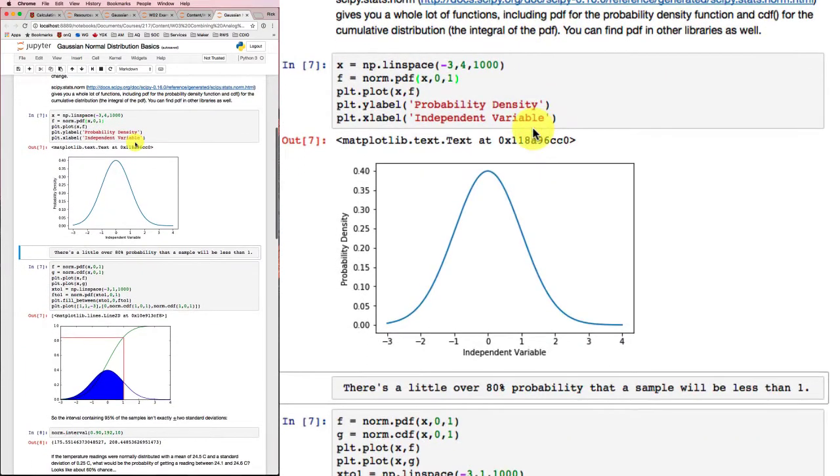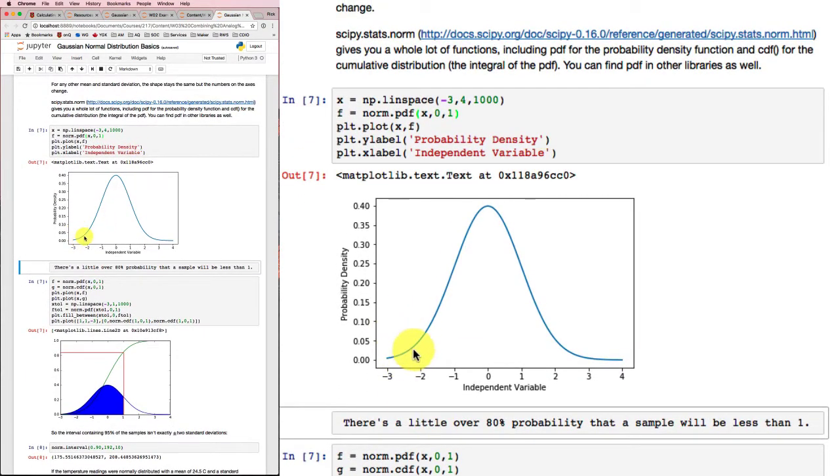If I took the integral between -2 and -1 of this PDF function, then I'd have the area under the curve in this region, and that would be the probability of getting a sample between -2 and -1. Not very big compared to the probability of all the other possibilities. So that's the idea of a probability density function.